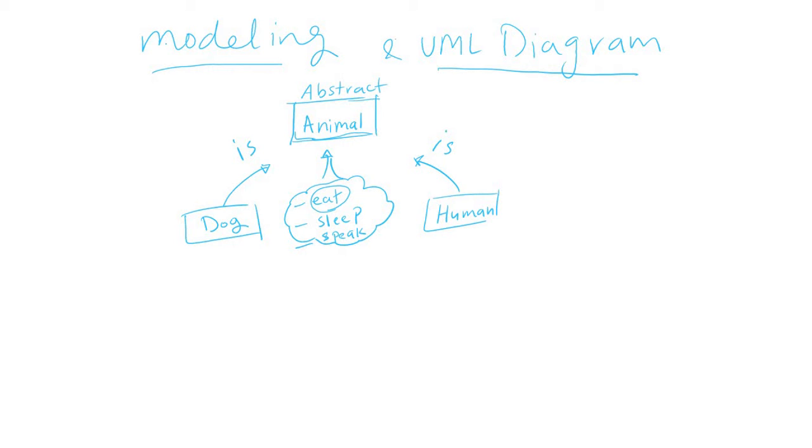Polymorphism means that you have a similar method, but this method, depending on the dynamic type of the object, can return you a different result. So the result of this method depends on the dynamic type lying behind this method.